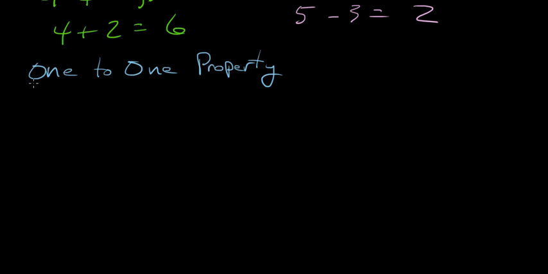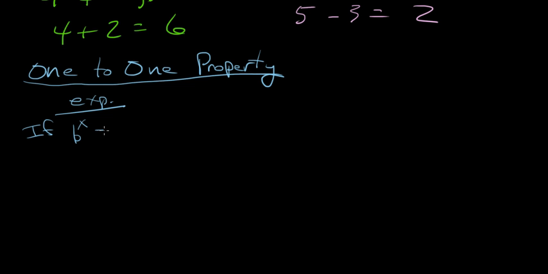So first of all, for exponents, this is just a review. This is what I told you before. If b to the x equals b to the y, then x equals y. Whoa, there's another one for logarithms.